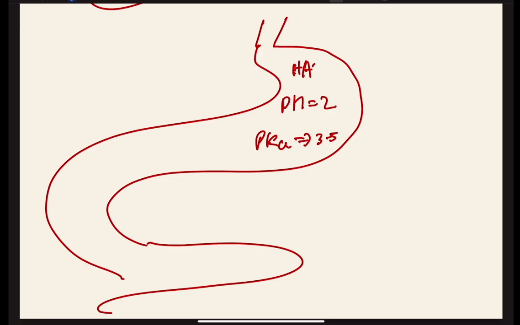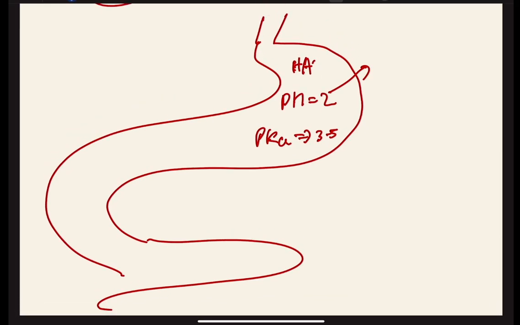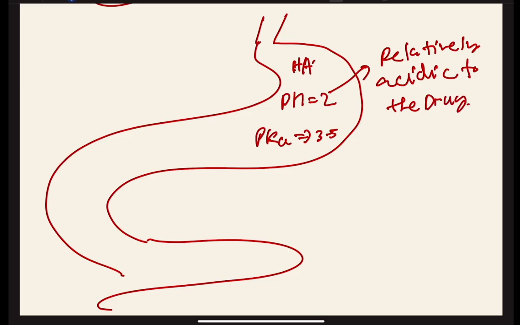Then we can say that the environment is relatively acidic to the drug, because the pH of the environment is less than the pK of the drug.